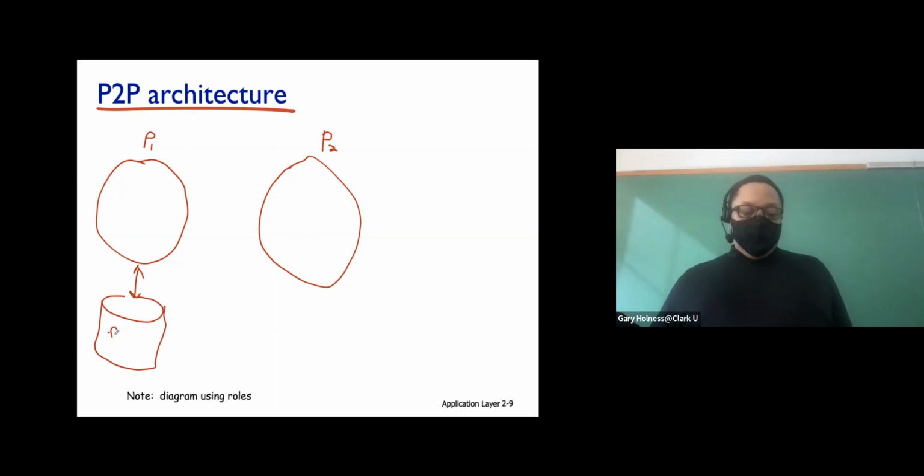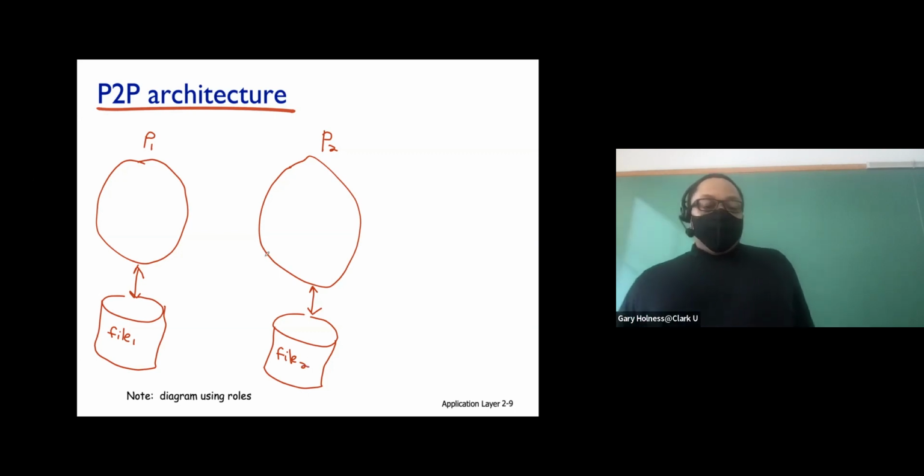So let's just say file one, and let's imagine also peer two has storage, has a database, and let's say that has some music on it, a music file, and let's say that's file two. Okay. Now, as a client, I'm going to say that client role, it initiates requests.